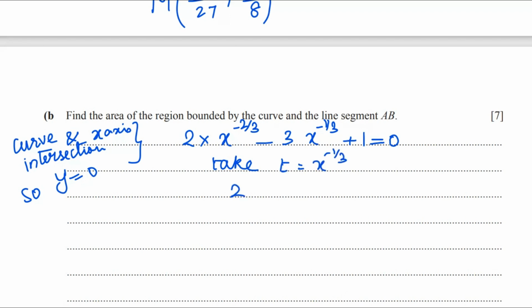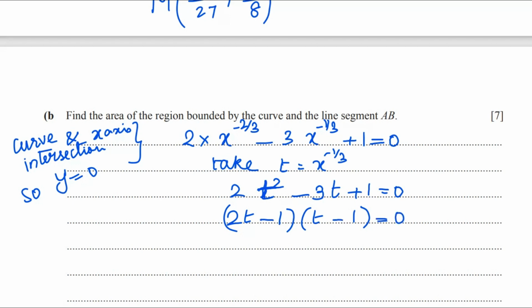So this will become 2t square minus 3t plus 1 equal to 0. Let's factorize this one. So 2t minus 1 equal to 0. That means t will be 1 over 2 or 1.